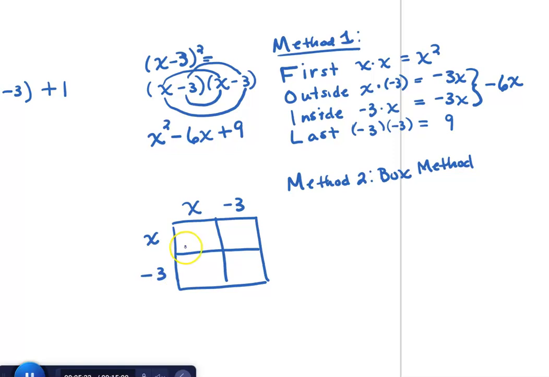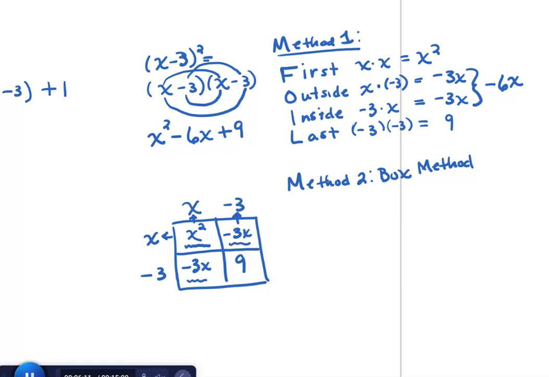To get the value that goes in this first box, you're going to do x times x, or x squared. The second box is going to be negative 3 times x, which is negative 3x. The box down here is x times negative 3, which again is another negative 3x. And finally, this last box is negative 3 times negative 3, which is positive 9.